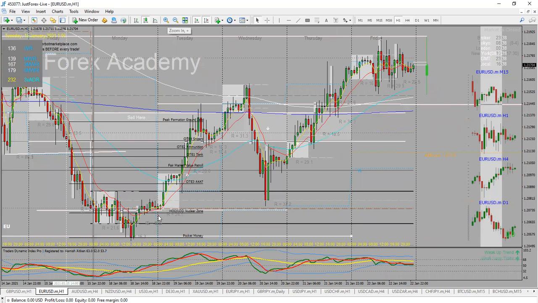On Monday, they came on Wednesday to test the OTE zone, then they rose. This OTE zone was not tested, so I'll be expecting the market to at least come to test this OTE zone.